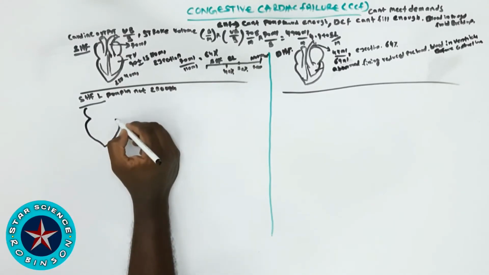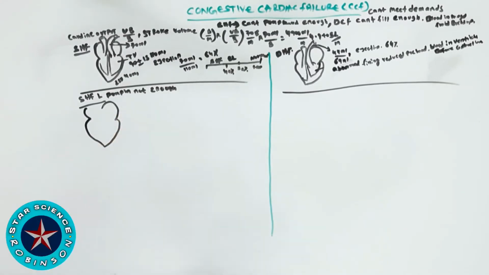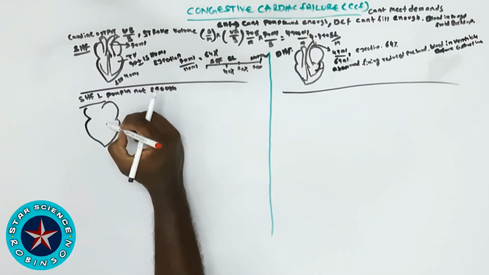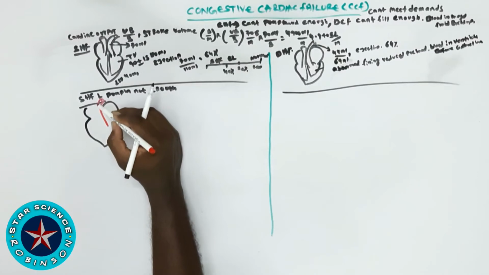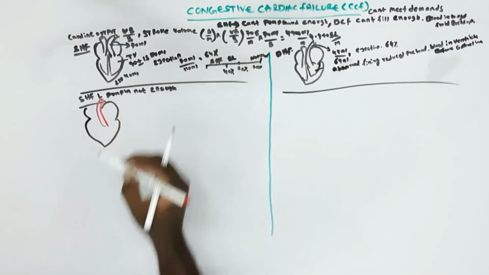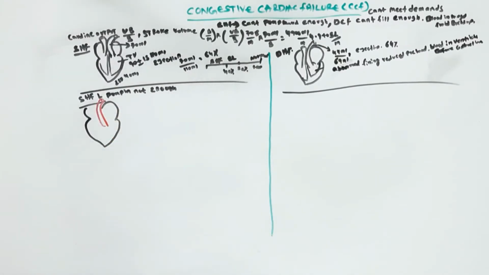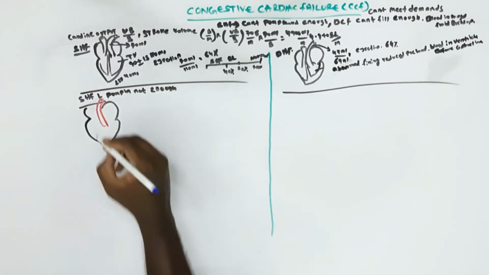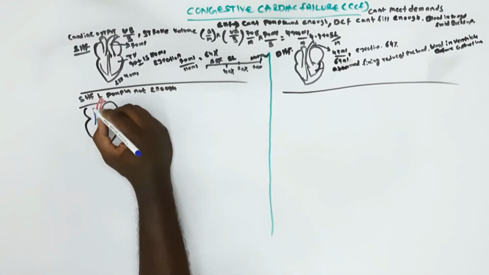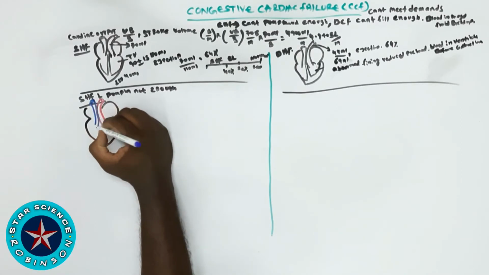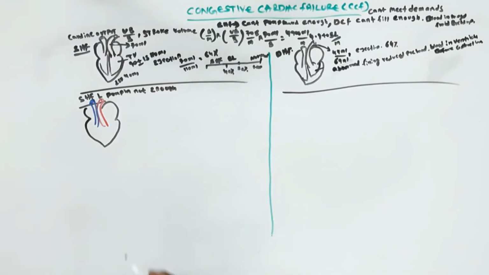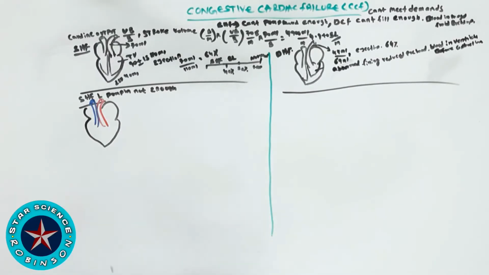I'm going with the different parts of our heart, concentrating on the left side. You see the aorta and pulmonary artery, and I'm looking at the layer of our heart, the muscle of our heart, how thick it is. In the diagram you will see that variation, which you have to remember.